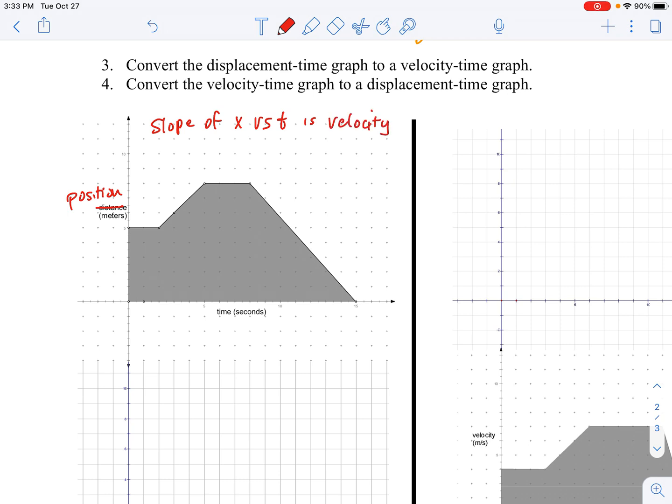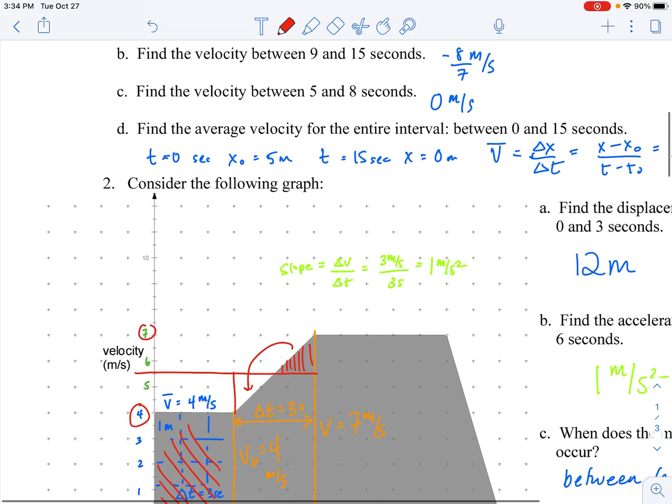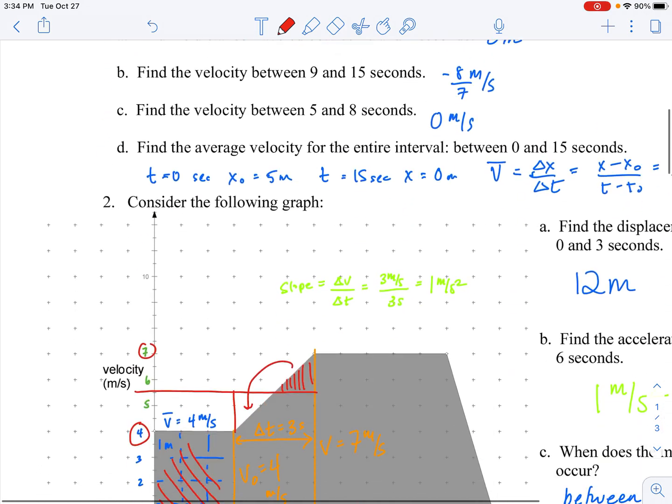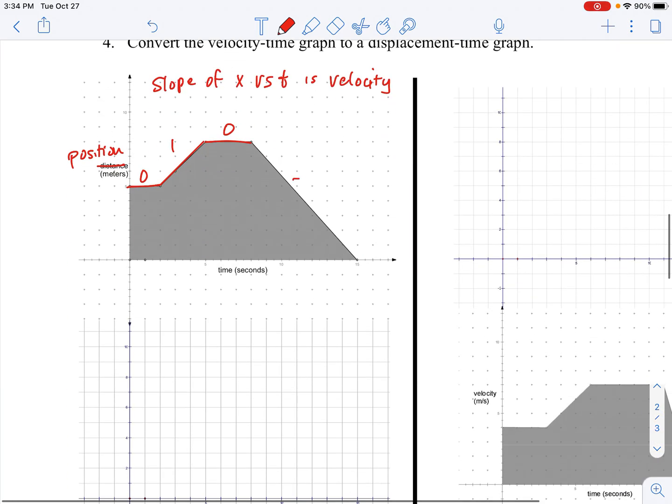So I need the slopes here. Horizontal line has a slope of 0. This slope is 1. This slope is 0, and I think I did this one already. The other one is -8/7. This is -8/7.